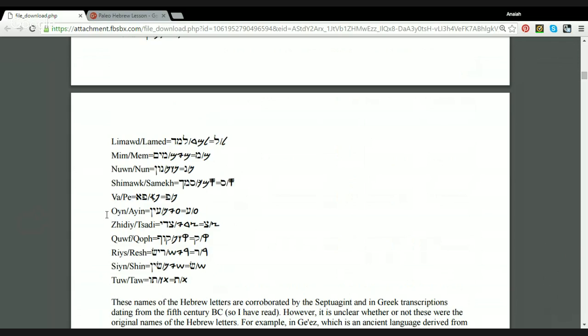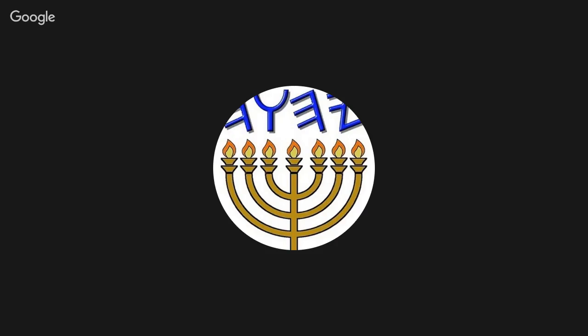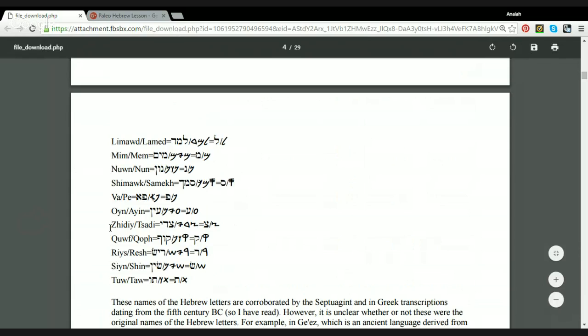Then I say oin, and they say ayin. But you hear oin sounds very similar to ayin. And then I say jidi, they say tzadi. Then I say kuf, they say kuf. I say ris, they say resh. I say sin, they say shin. I say tu, they say ta.